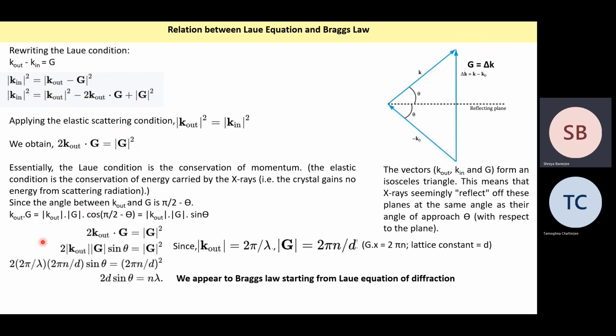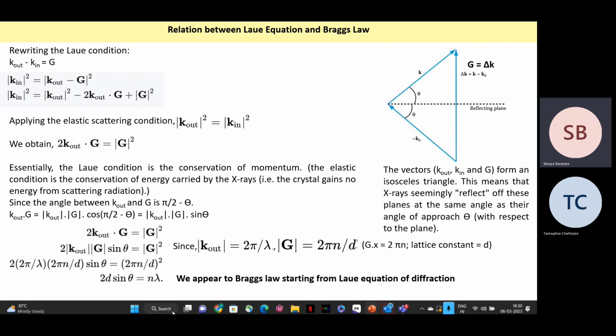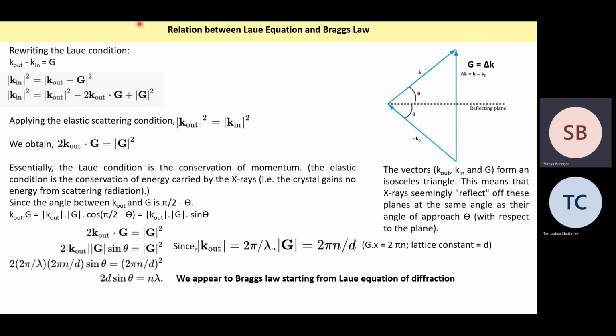If you replace these, cancel out the 2 pi n and rearrange, you get Bragg's equation, which is 2d sine theta is n lambda. So starting from the Laue condition, you can arrive at Bragg's equation. Both these laws are very fundamental and they are correlated with each other.